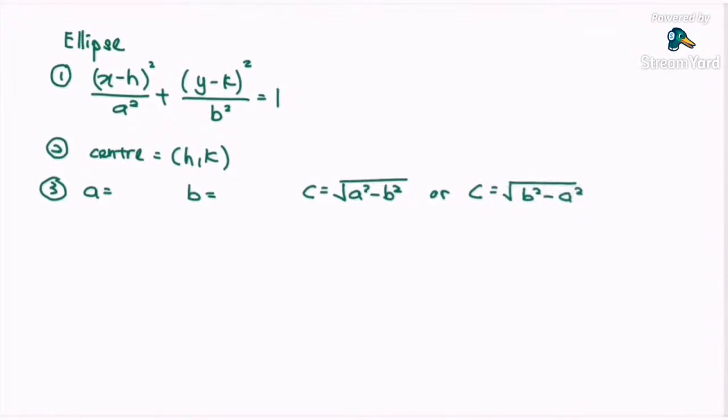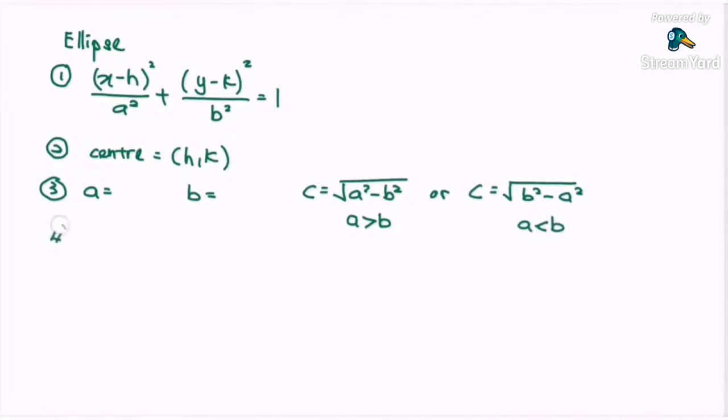So mainly it depends on the situation. If it is the square root of a squared minus b squared, the value of a must be greater than b. Whereas for the second case, the square root of b squared minus a squared, the value of a is less than b.